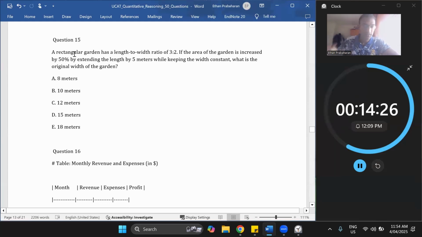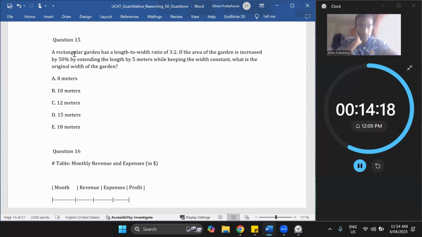Going for time. Okay. Garden has a length to width ratio of 3 to 2. Area is increased by 50% by extending the length by 5. What is the original width? Oh my goodness. So if the length increases by 5, but then let's just make up some numbers.